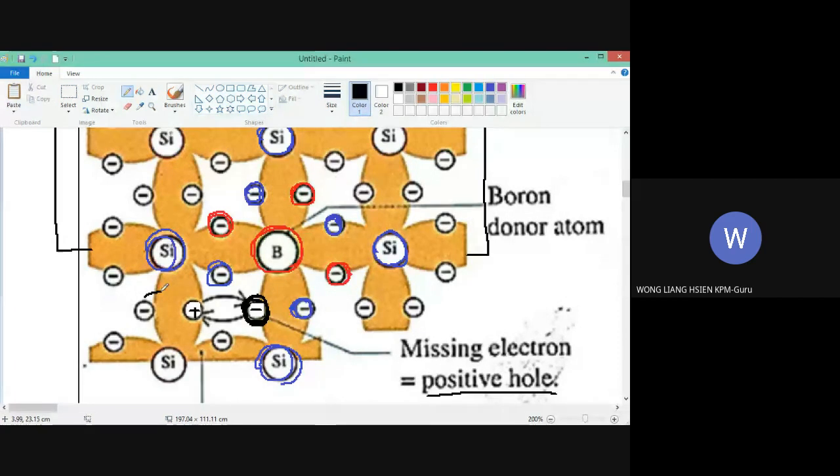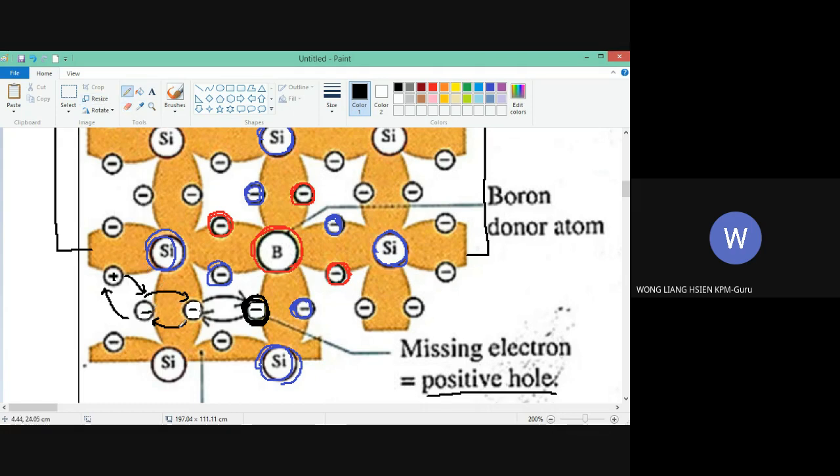This electron can jump here, and then this one becomes the hole.